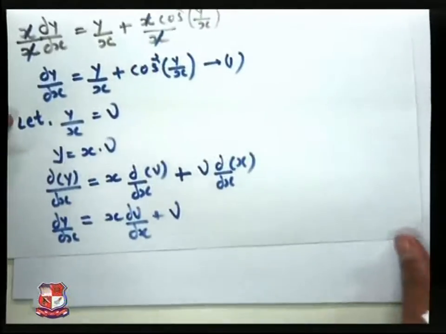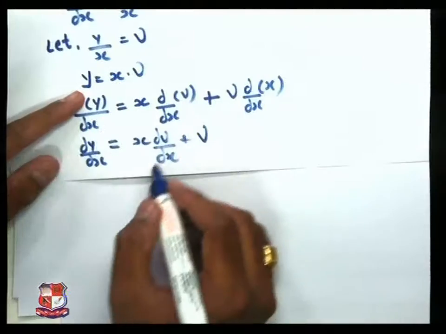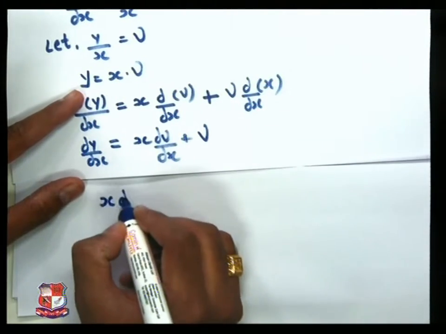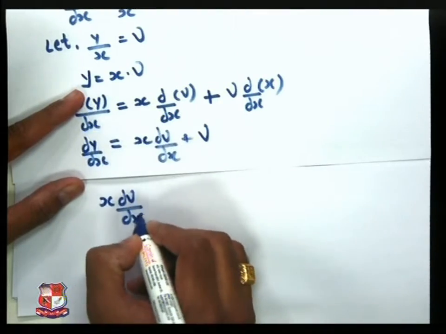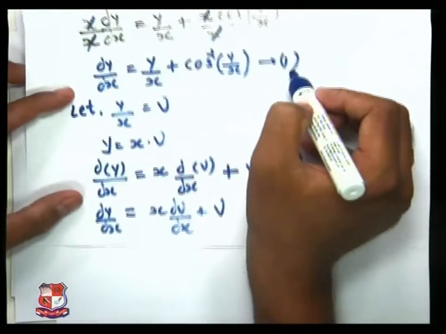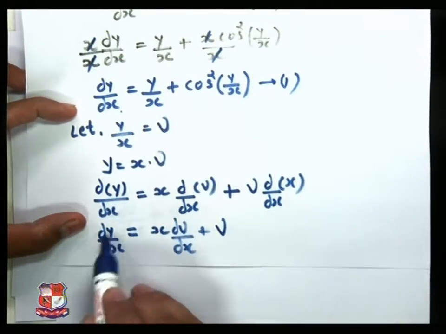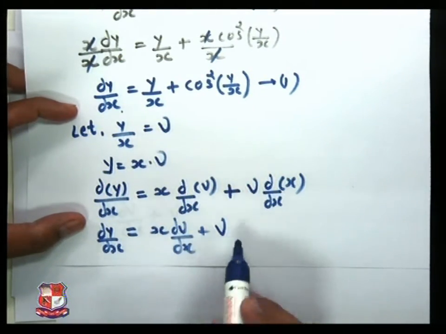So our equation now becomes dy by dx equals x dv by dx plus v. In equation number 1, we replace dy by dx with this result, x dv by dx plus v.